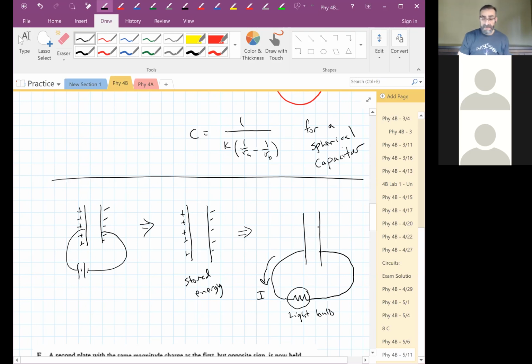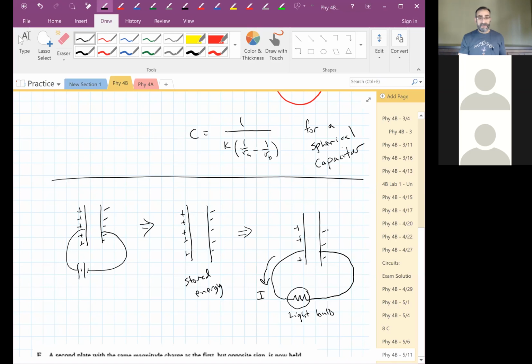Current will flow. And it'll keep flowing until all the charges have gone back to their original place. There's no charge separation, and then there won't be any more current after that.